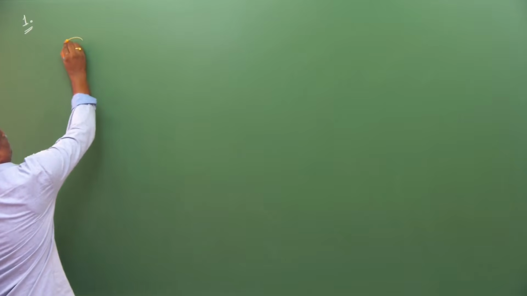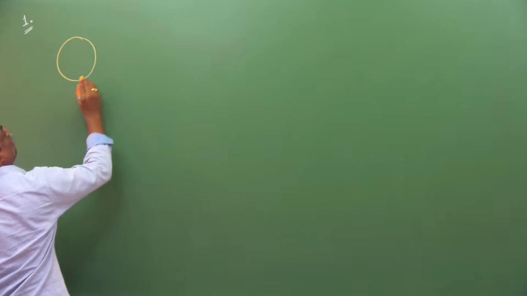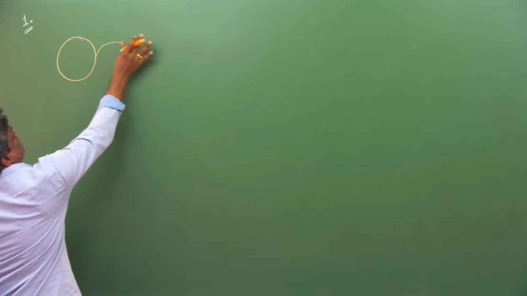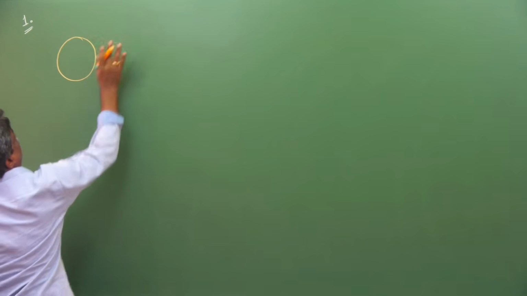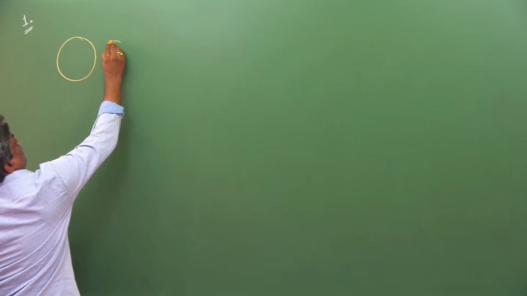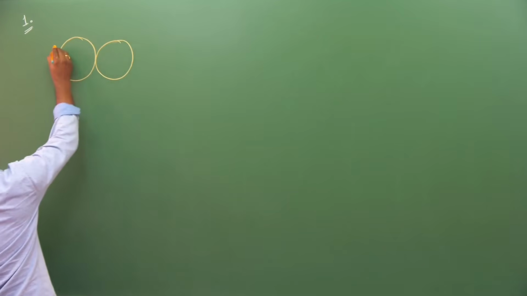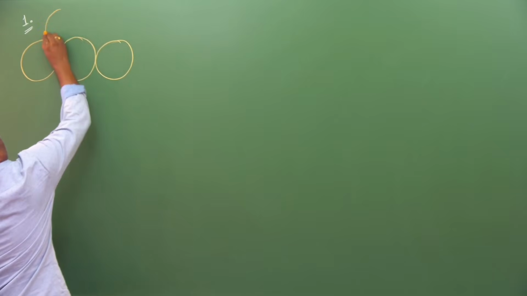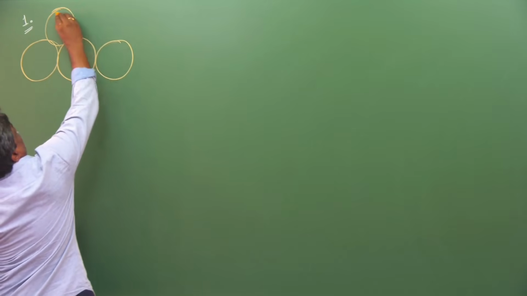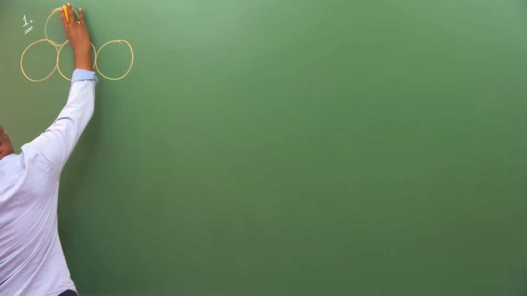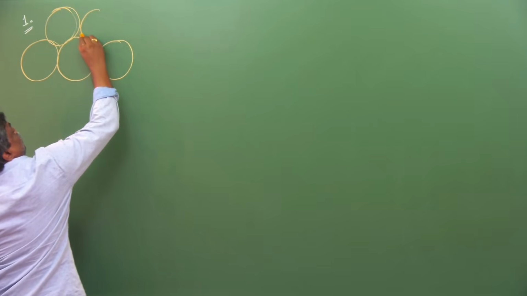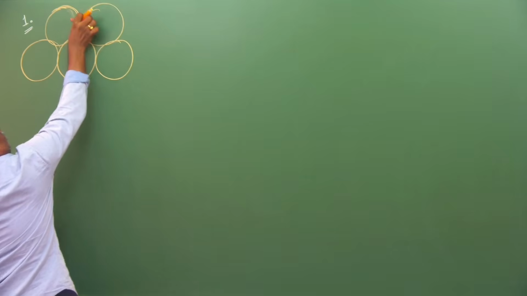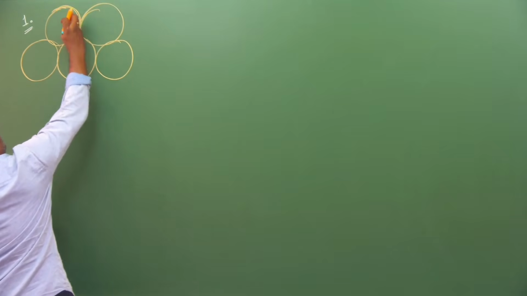Here we have a disk of radius capital R, and here we are arranging all these disks like this, such that it is the closest possible way.